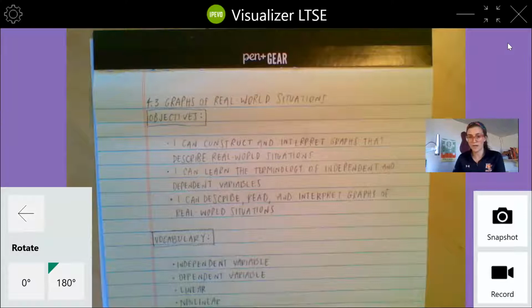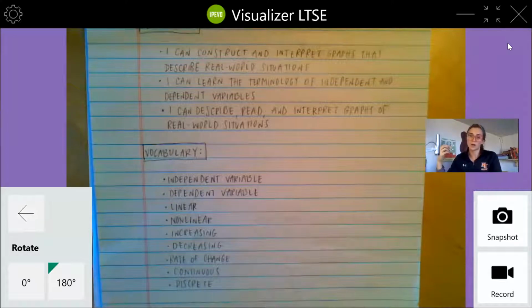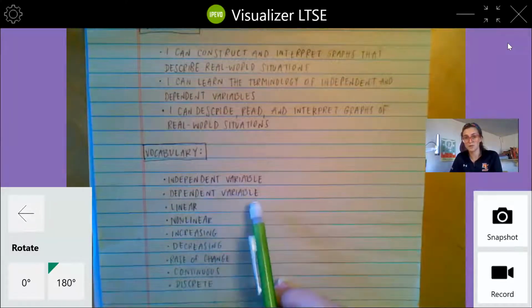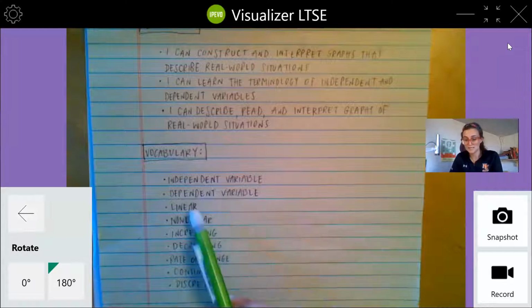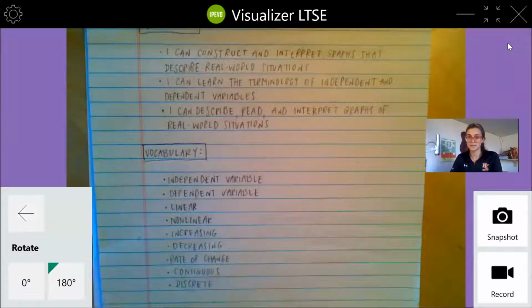We have quite a few vocabulary words that we're going to look at in this lesson, and I'll just quickly run through them, and then we'll talk about them as we go on. So we have independent and dependent variables, linear and nonlinear, increasing and decreasing, rate of change, and continuous and discrete.